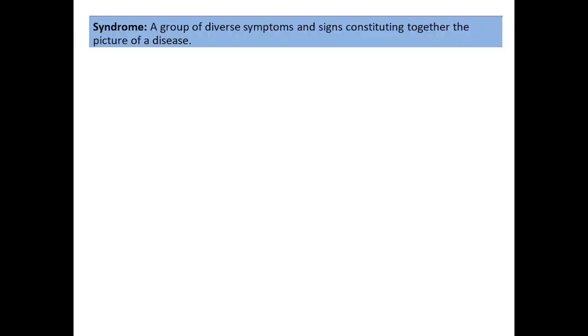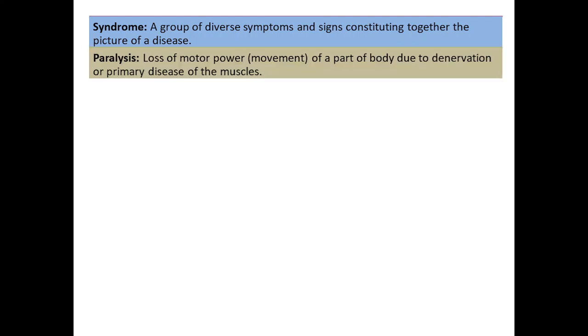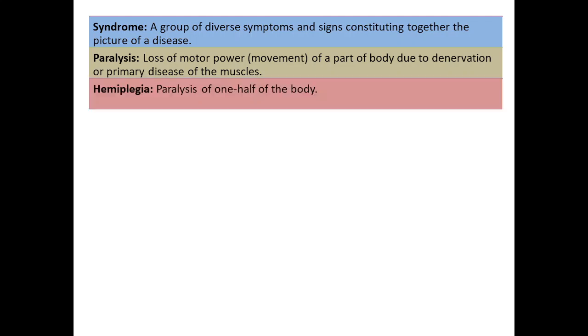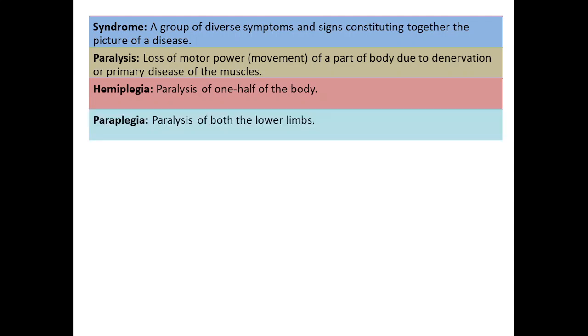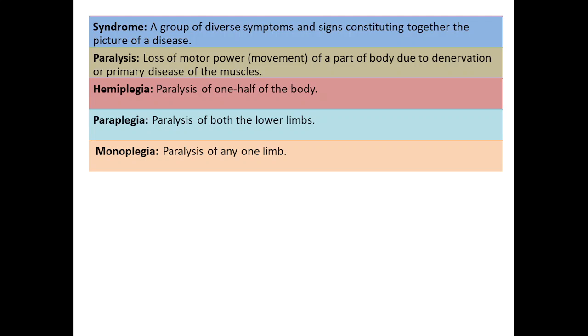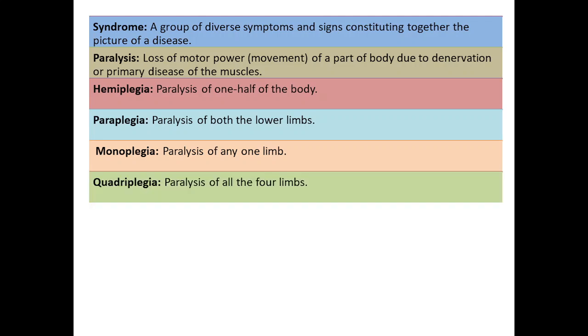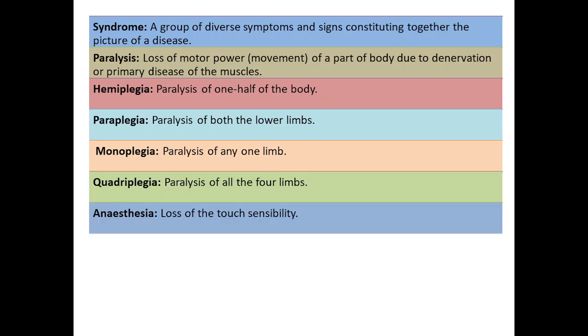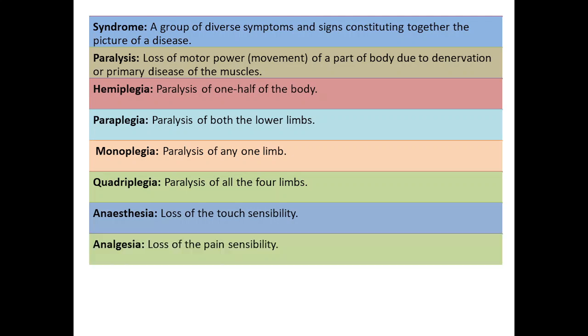Syndrome is a group of diverse symptoms and signs constituting together the picture of a disease. Paralysis is loss of motor movement of a part of the body due to denervation, meaning removal of nerve supply, or primary disease of the muscles. Hemiplegia is paralysis of one half of the body. Paraplegia is paralysis of both the lower limbs. Monoplegia is paralysis of one limb. Quadriplegia is paralysis of all four limbs. Anesthesia is loss of touch sensibility.